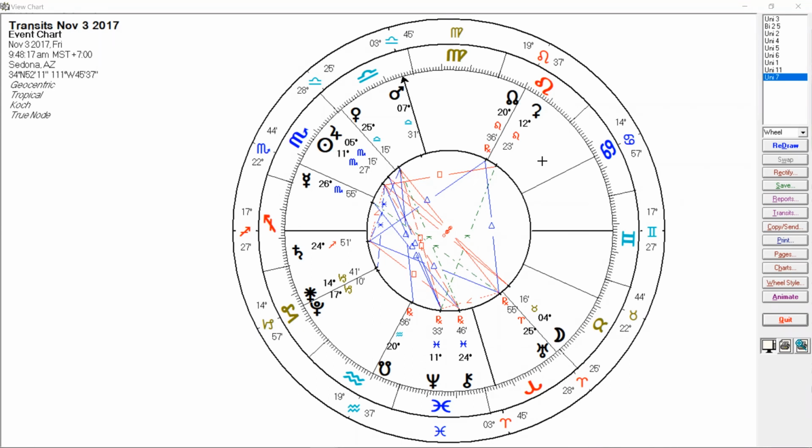Because no matter how weird, opposite, conflicted two placements, two planets may appear, they always have also a common ground that we need to detect and see how they will amplify that very same purpose or intention or nature.